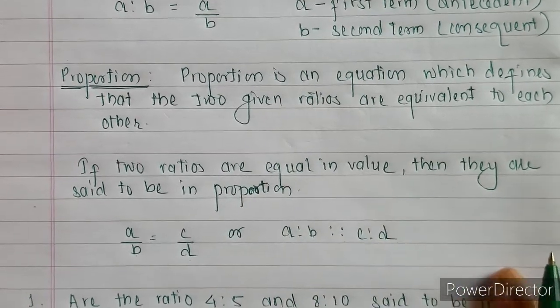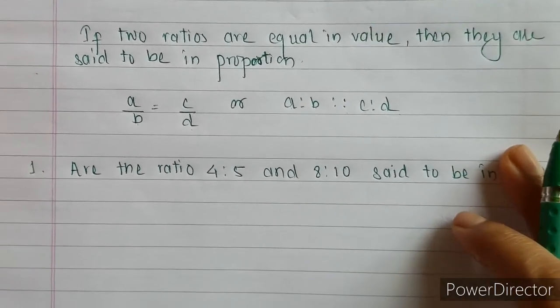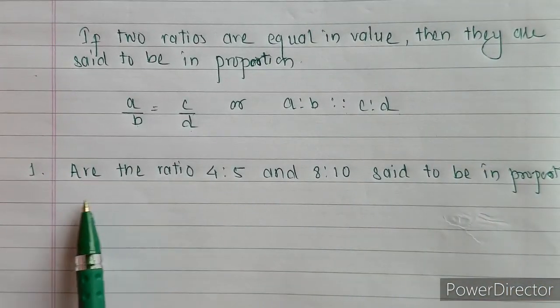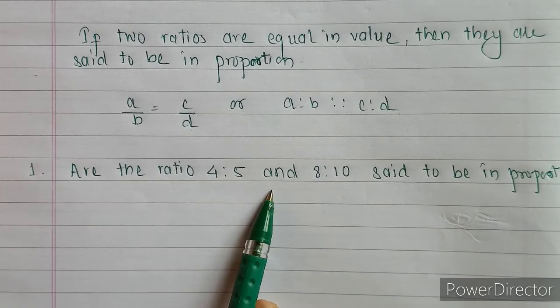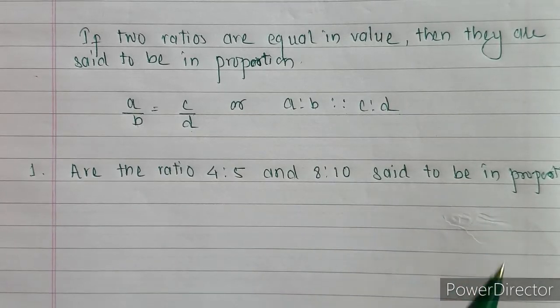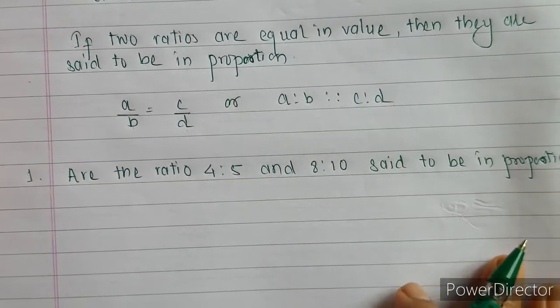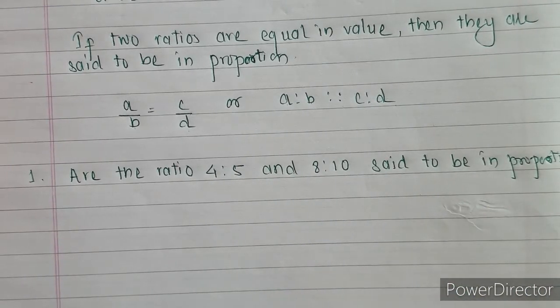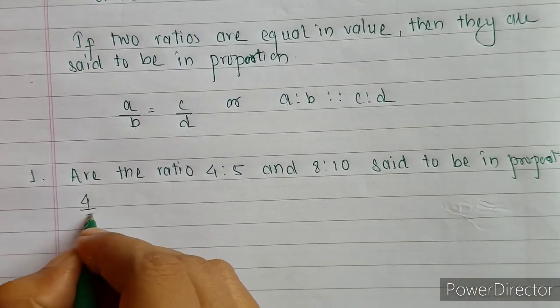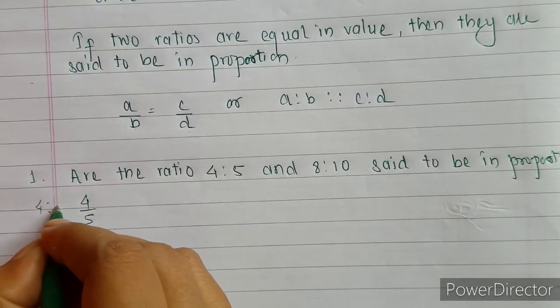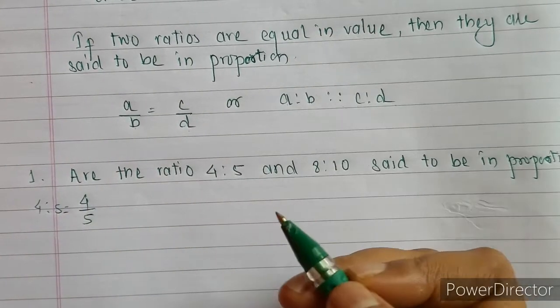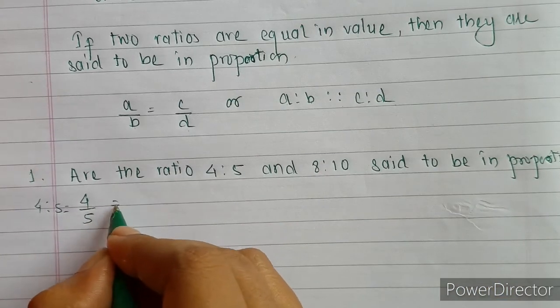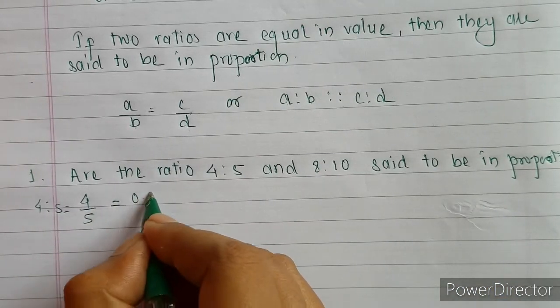Let's look at this example. Are the ratios 4:5 and 8:10 said to be in proportion? We have to check whether 4:5 and 8:10 are in proportion. Let's start with 4:5. This is nothing but 4/5, which can be written as 0.8.